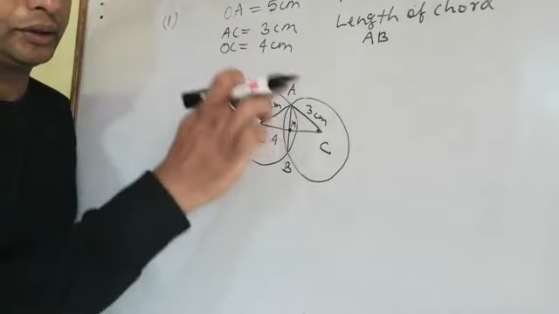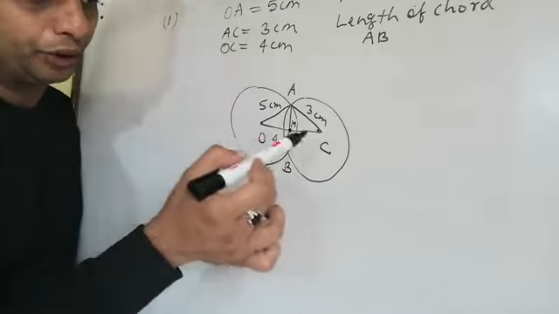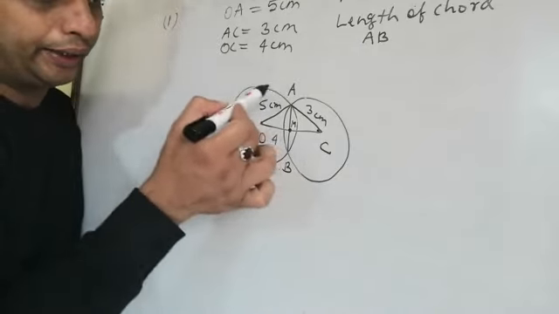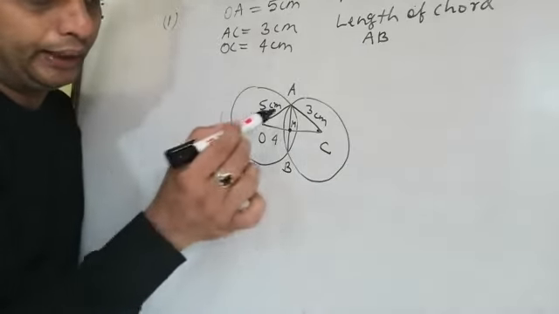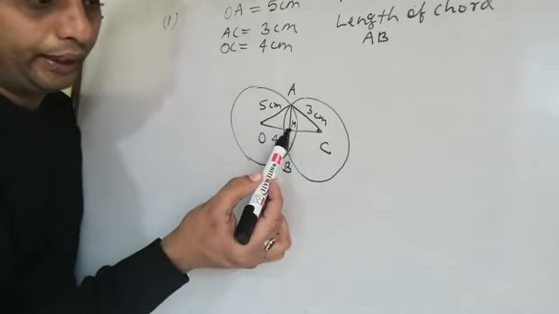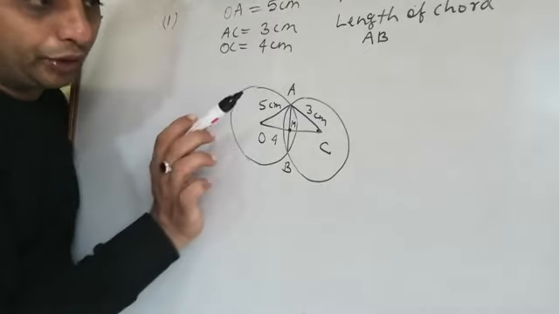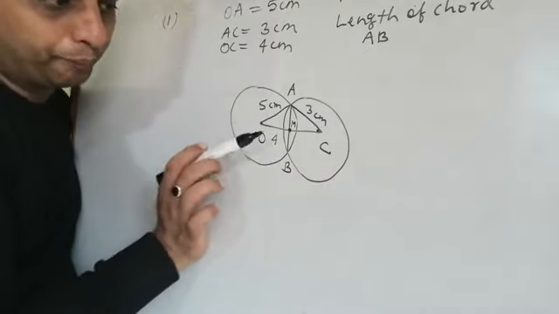In this triangle, all three sides are given to me. So I'll use Heron's formula and find the area of AOC. Then after finding that, I'll find the value of AM. AM will be equal to MB. We have to find AB, so we will not get AB directly. First we will find the value of AM.